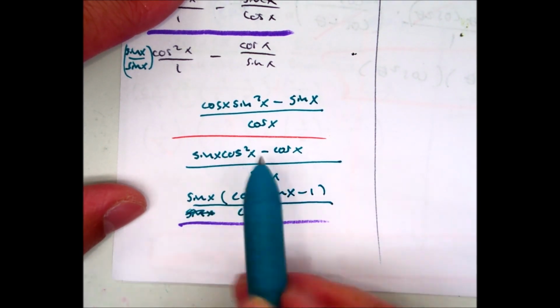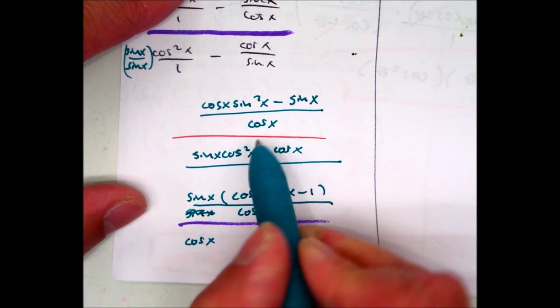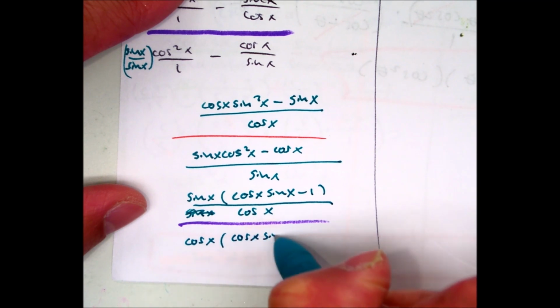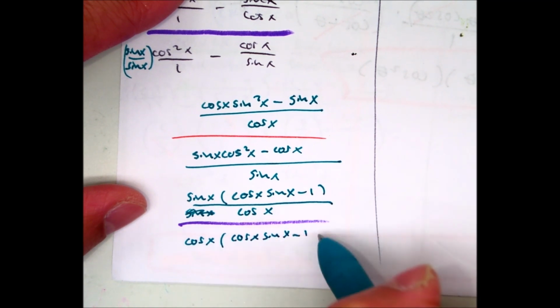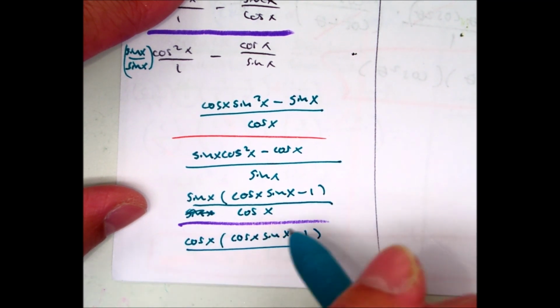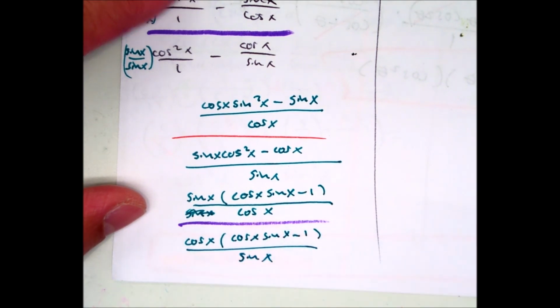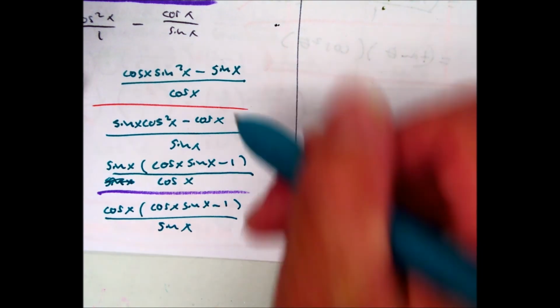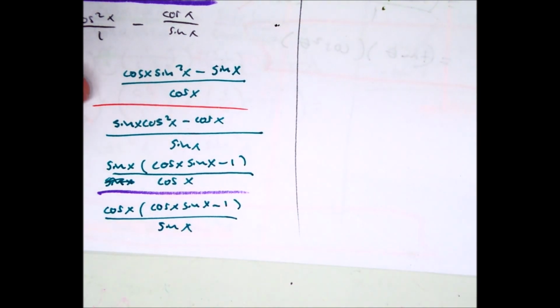And here I have a cosine as my greatest common factor. So I'm left with cosine x sine x minus 1 all over sine x. So all I did from there to there is greatest common factor.